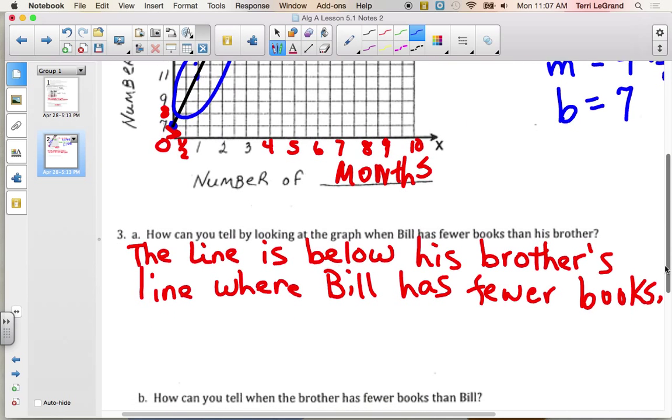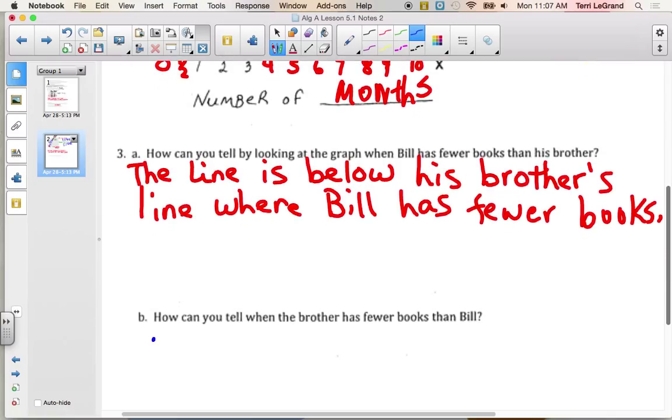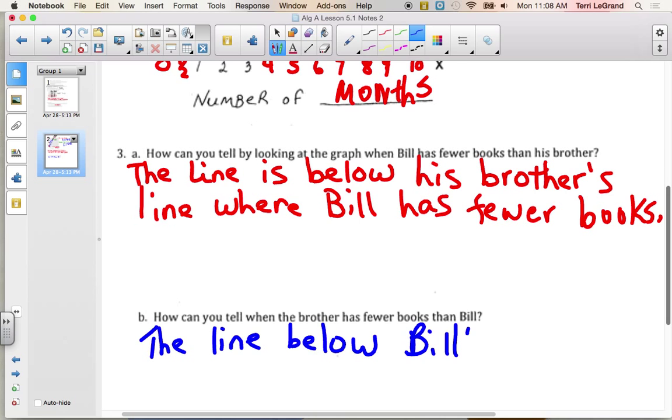So in other words, again, we're looking for the line is below Bill's line where the brother has fewer books.